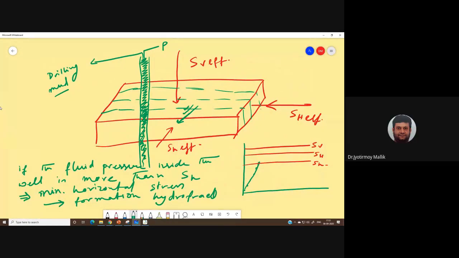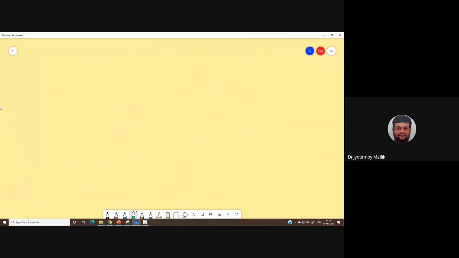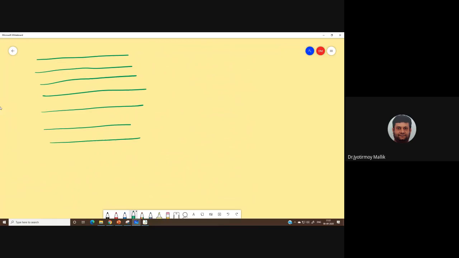Now, if I try to draw what I have drawn in the very beginning, this is the surface, and I want to characterize the pressure at a point P, and I try to do that in a bit more scientific way.